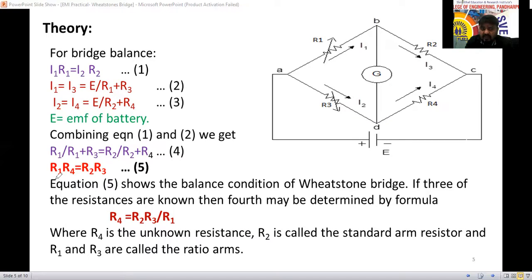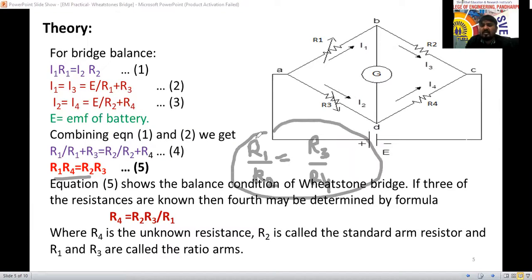We can remember it like this, or you can remember the formula as R1 by R2 equal to R3 by R4 also. This is also a correct answer. There are different methods, and you can remember any method.